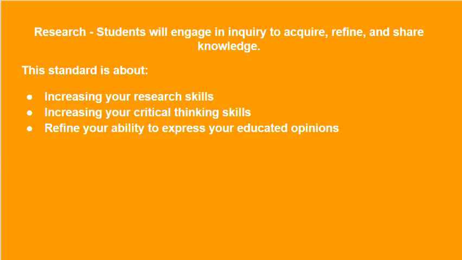These standards will help them to learn how to differentiate between what is real and not real, what claim can be substantiated and not substantiated. They're going to be able to refine their process of researching to learn what is out there in the world and the opinions that are out there, and then develop their own educated opinions.